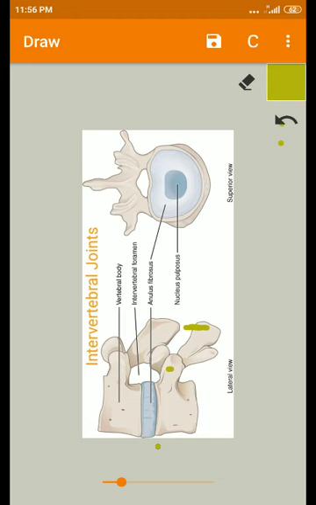Another ligament is called the supraspinous ligament. All the vertebrae have a spine, isn't it? Each vertebra has a spinous process. All the spinous processes are connected from above, from the occipital to the sacrum. This is called the supraspinous ligament.